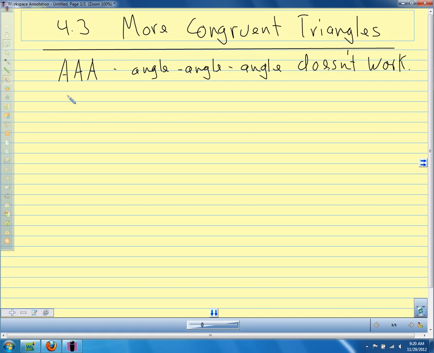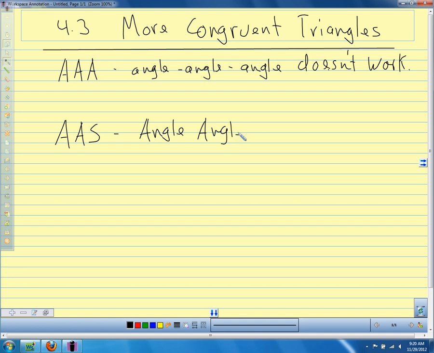So one of the bubbles there on your graphic organizer on the lower right says AAS, and AAS stands for angle, angle, side.